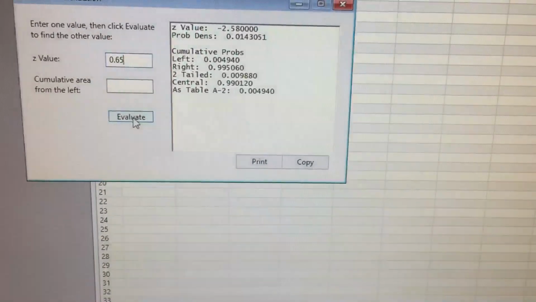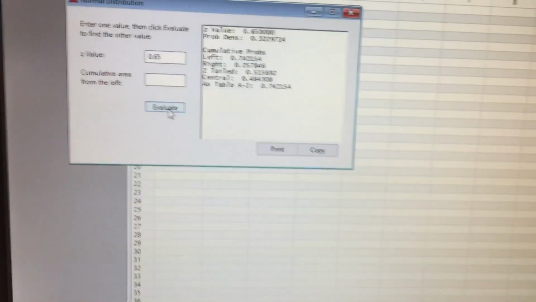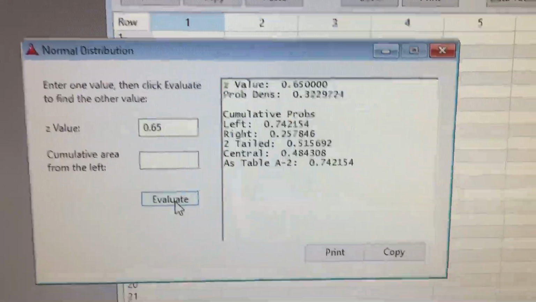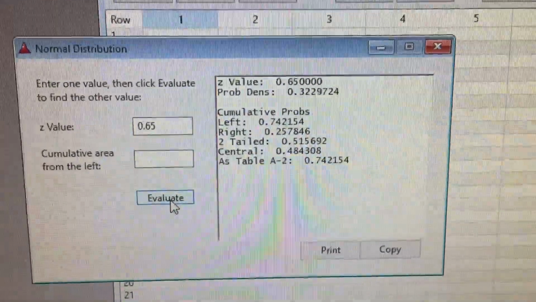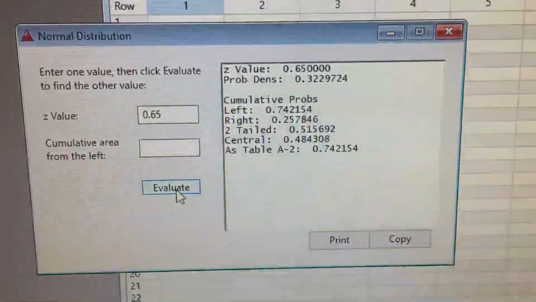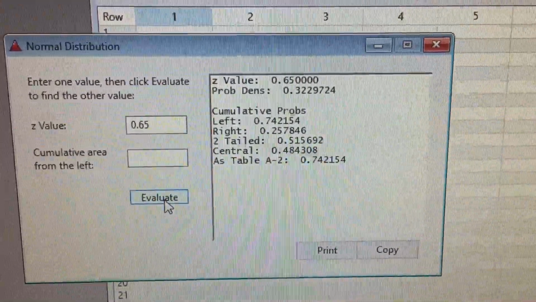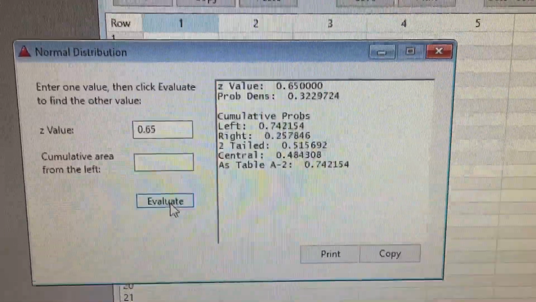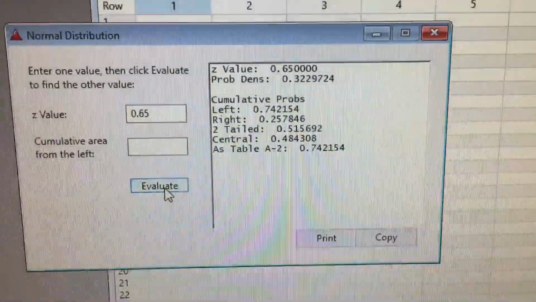Type in 0.65 and then hit Evaluate. Now, we want the cumulative area from the left. So the cumulative probability for the left will be 0.7422, rounded off to 4 decimal places.